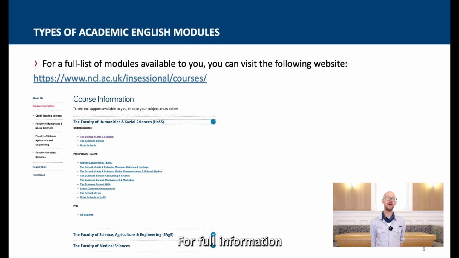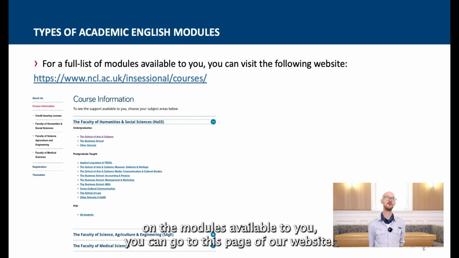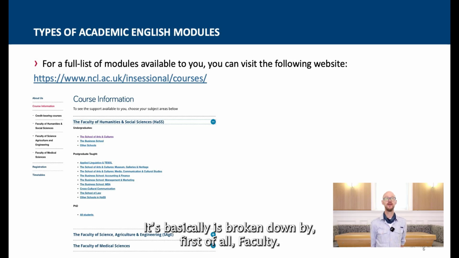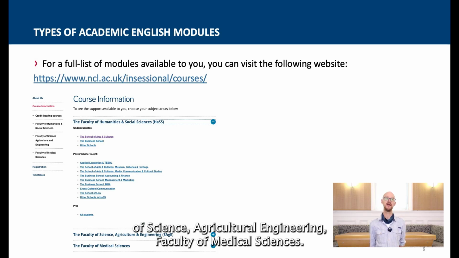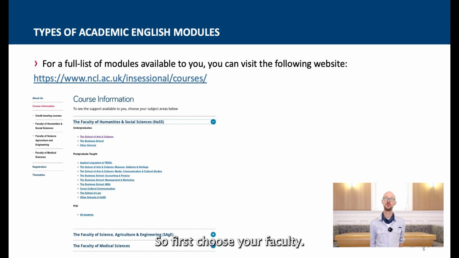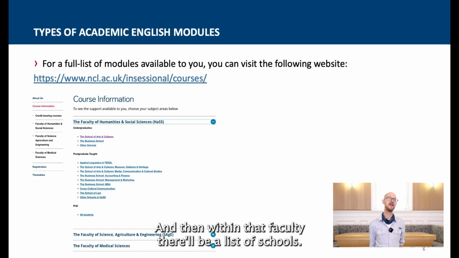For full information on the modules available to you, you can go to this page of our website. It's broken down by, first of all, faculty area: Faculty of Humanities and Social Sciences, Faculty of Science, Agriculture and Engineering, Faculty of Medical Sciences. So first choose your faculty, and then within that faculty there'll be a list of schools.